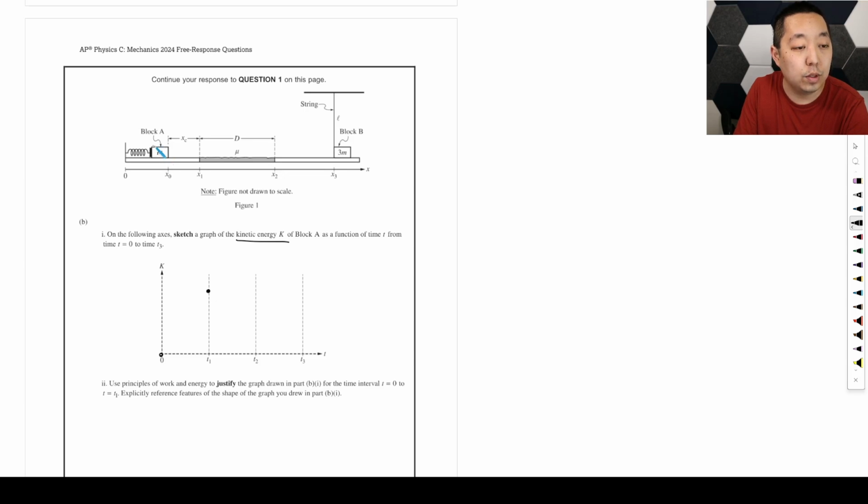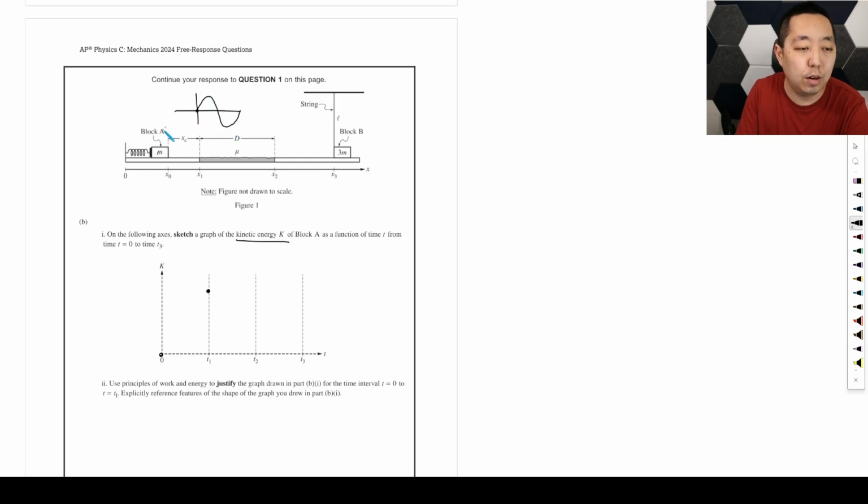Another way to think about it is that this is the first part of the oscillation motion, and we know it's going to be a sinusoidal kind of shape. If this were stuck here and you compressed it, and we got rid of this, it would just oscillate. So the shape of the velocity curve is definitely going to be some kind of sinusoid. That's one intuitive way to look at it.